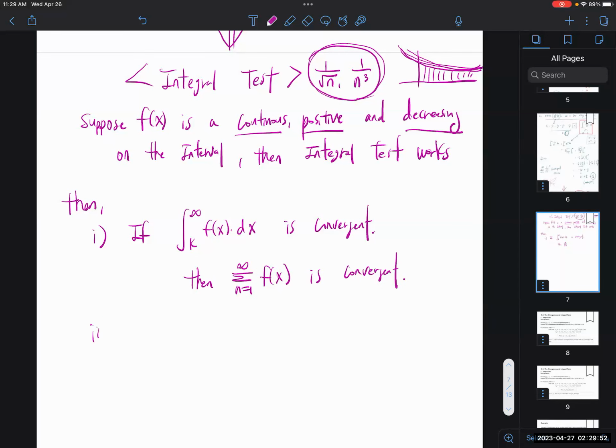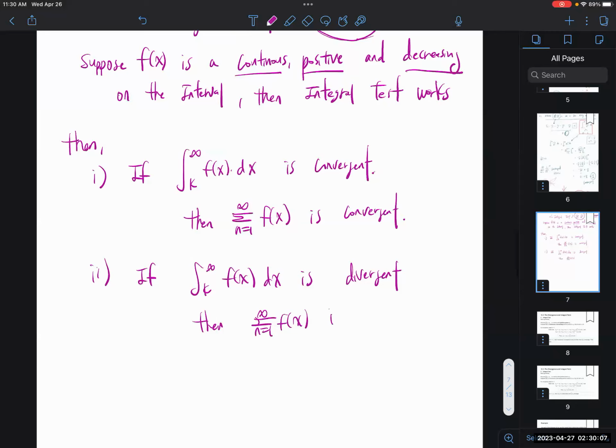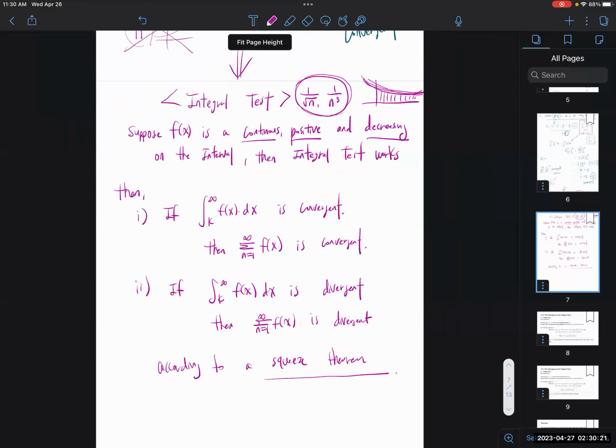In other words, if this integral is divergent, then the series that we are looking at is also divergent, according to the squeeze theorem. That's the integral test information. You can get it.